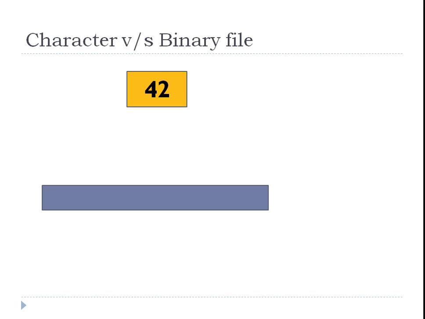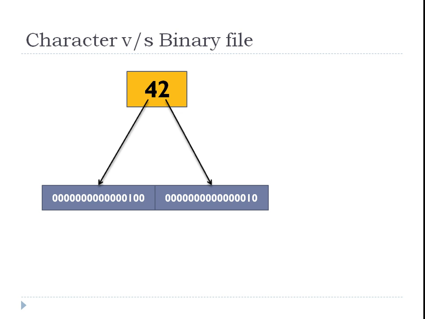For example, say I have this information in a file: 42. If my file is a character-based file, a text file, every digit will be stored as a character. As we know, the character data size in Java is 2 bytes. So 4 will be treated as a character and take 2 bytes, and 2 is also treated as a character, so it will take another 2 bytes.